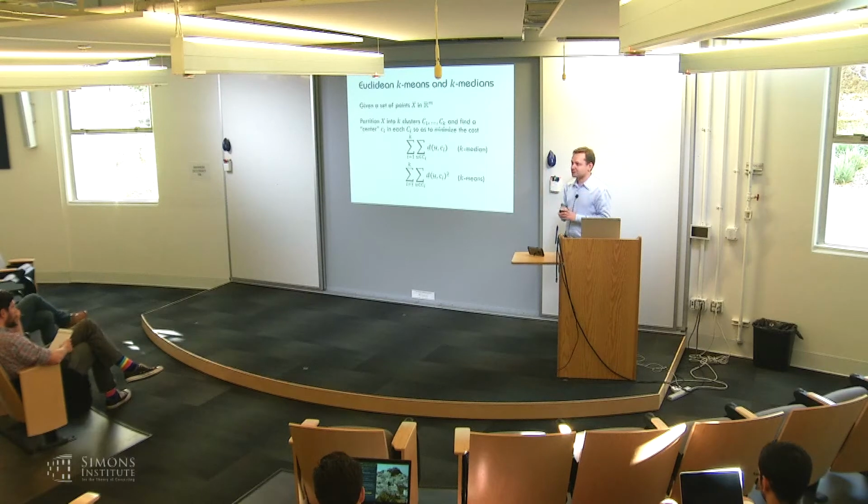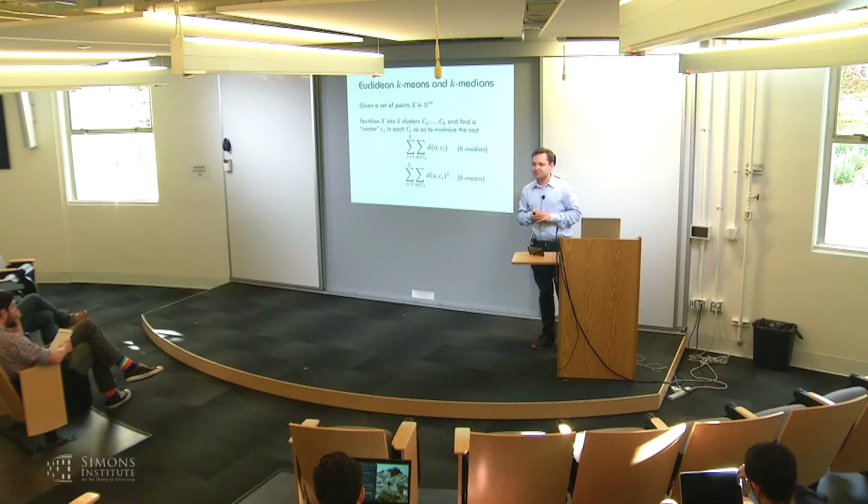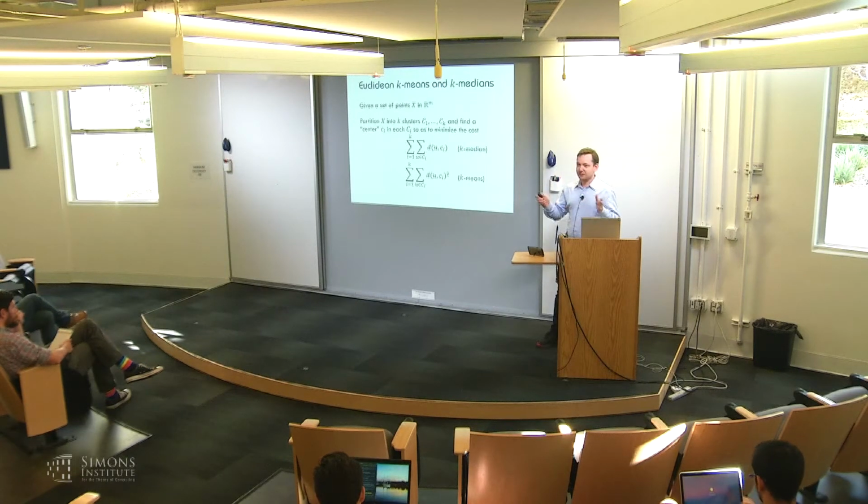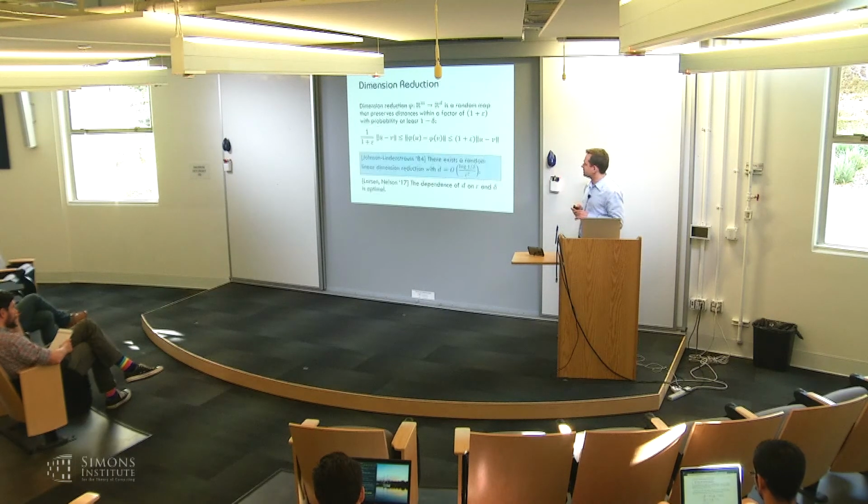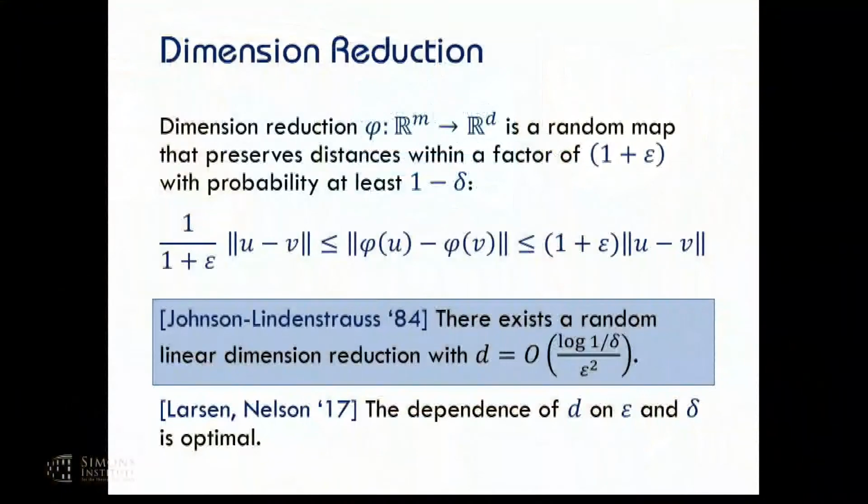So these are the problems we are going to study. Now let's switch gears for a moment and talk about dimension reductions. A dimension reduction is a random map from a high-dimensional space R^m into a much smaller d-dimensional space R^d that approximately preserves distances with high probability.